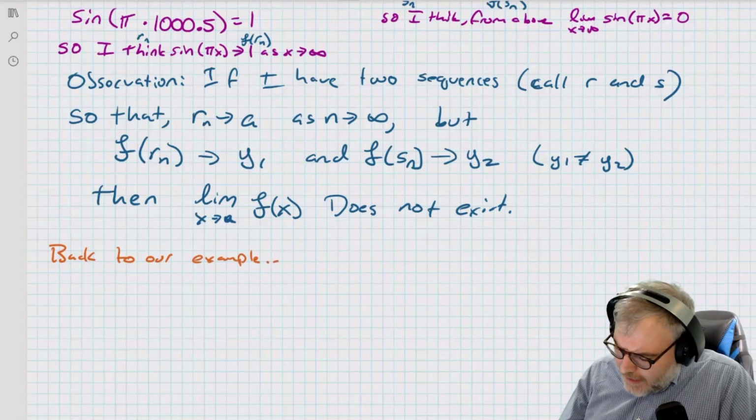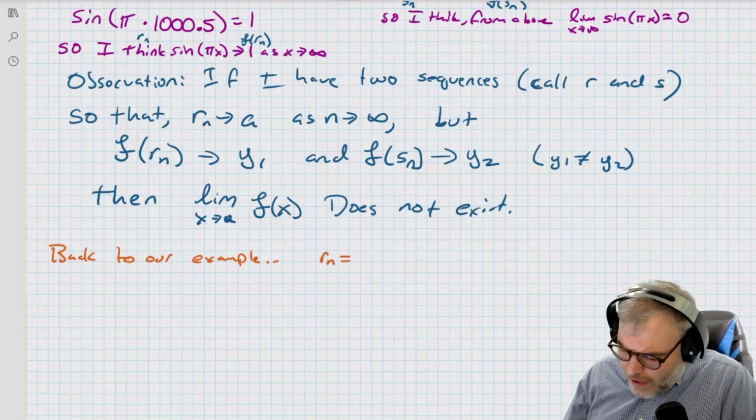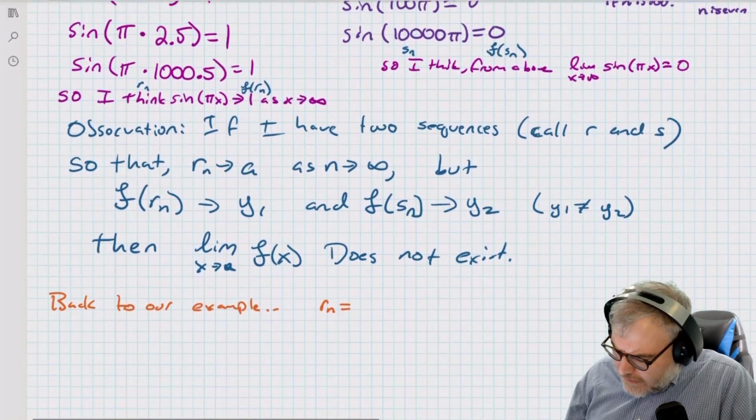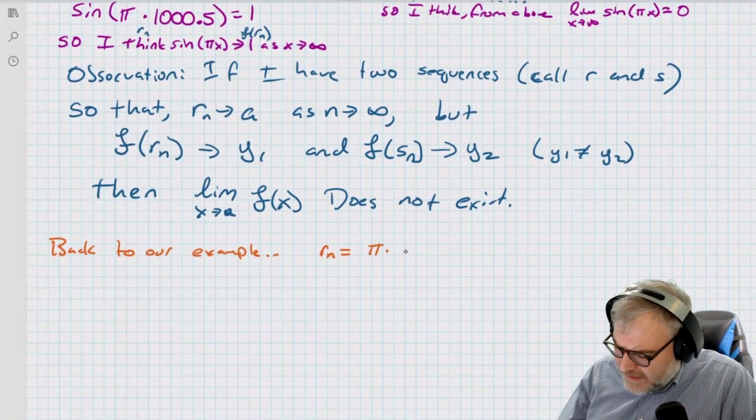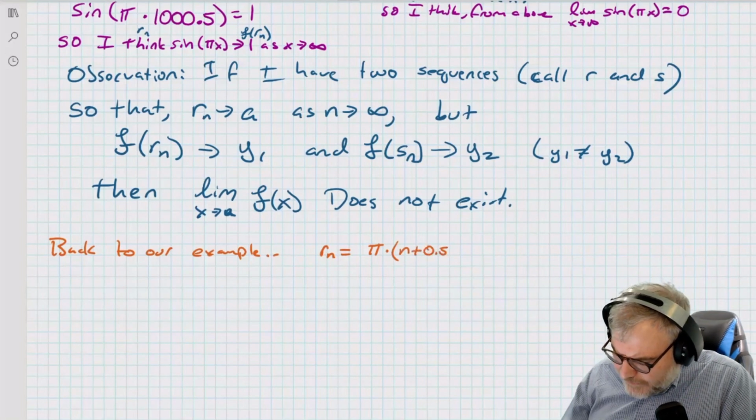Right? Rn equals, the formula for Rn is pi times n plus 0.5.